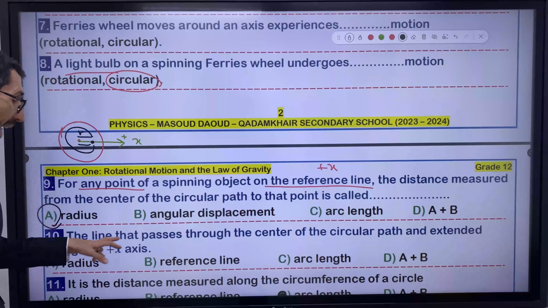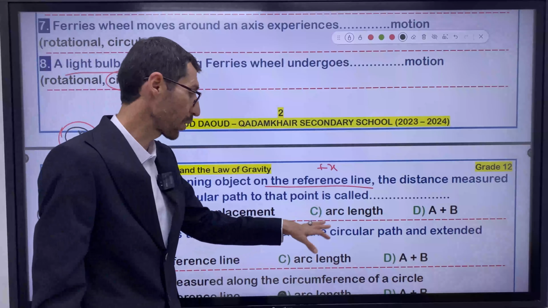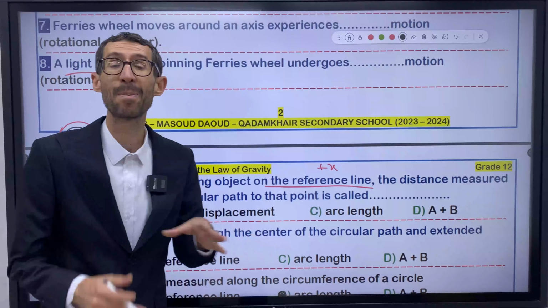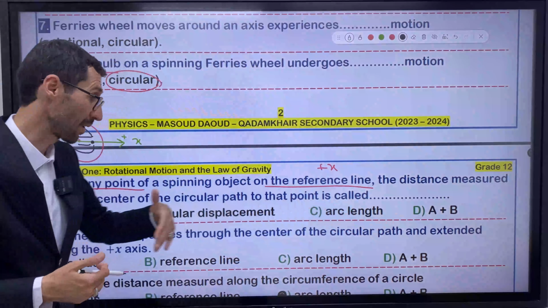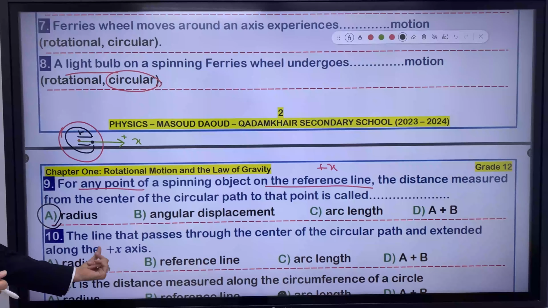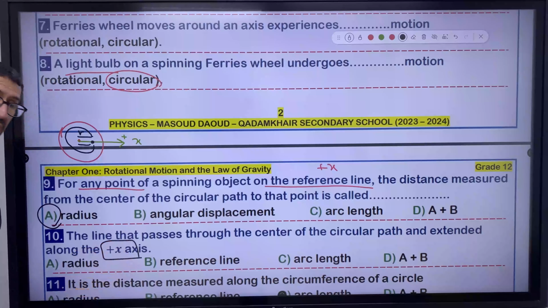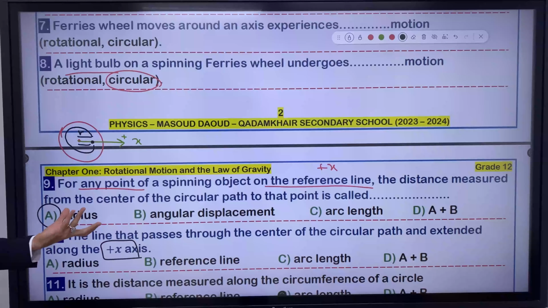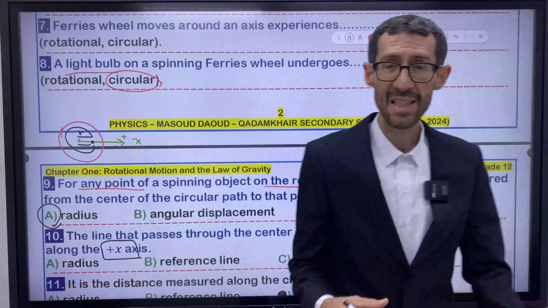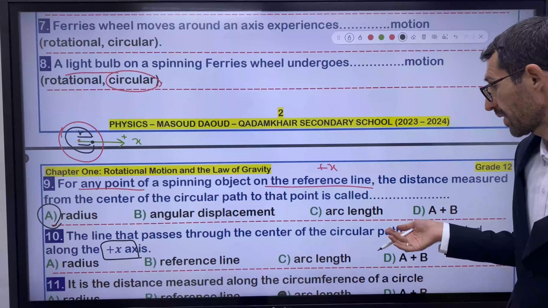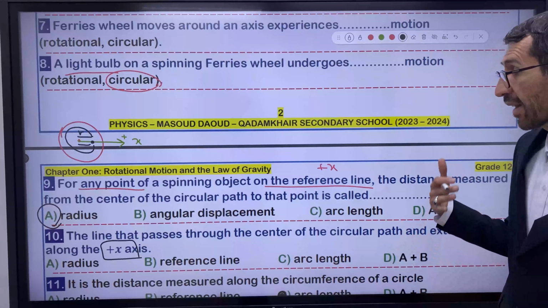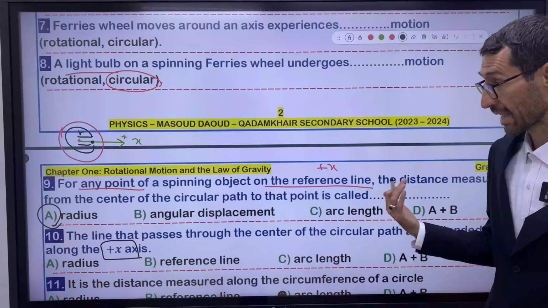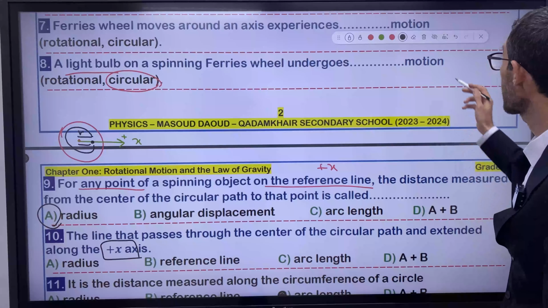Question number 10. The line that passes through the center of the circular path and extended along the positive x-axis. So it's clear because it mentions positive x-axis. I'm sure you know the answer. A straight line that passes through the center of the object and extended along the positive x-axis is called reference line.